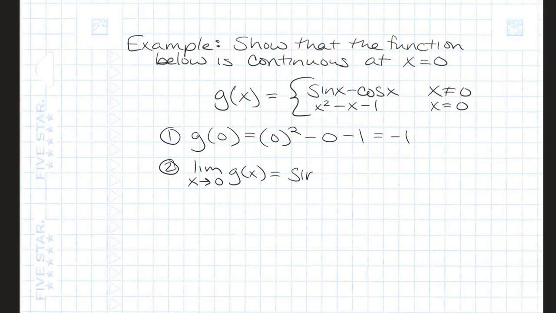So I'm going to directly substitute 0 into sine of x minus cosine of x. Oh boy, what's the sine of 0? 0. What's the cosine of 0? 1. 0 minus 1 is negative 1. That's step 2. I showed that the limit exists. I didn't have to do left side, right side because left side and right side are both the same equation.